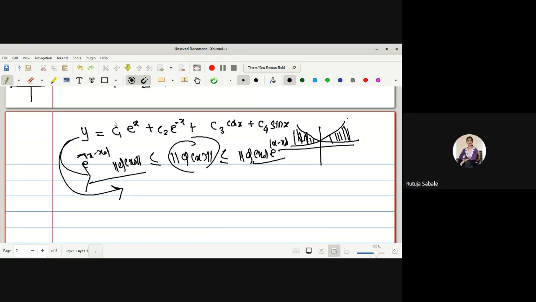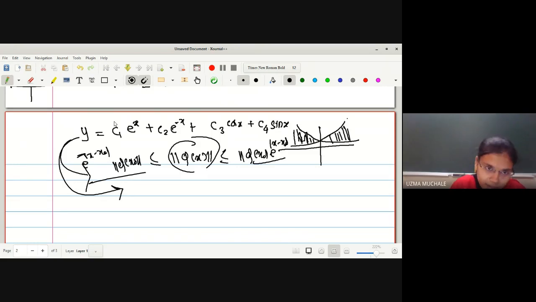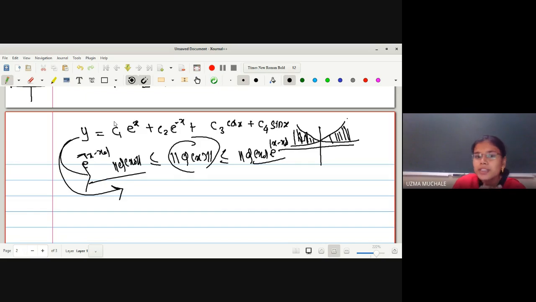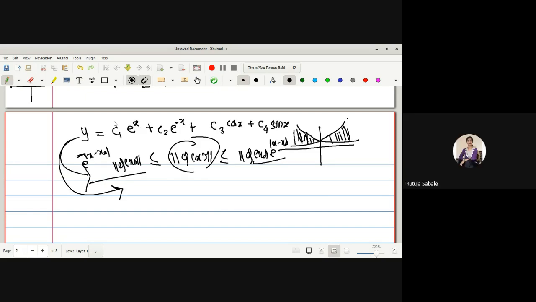Unique, ma'am. No doubt it is unique, but with some initial condition. If I change the initial condition, I will get another C1, C2. So how many such C1, C2 are possible? Infinite, depending on initial conditions.